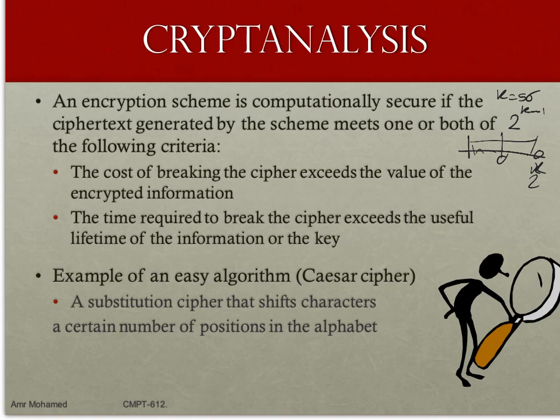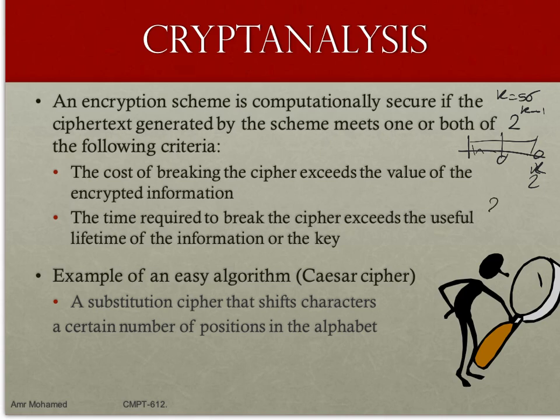So there are certain criteria. The cost of breaking the cipher exceeds the value of the encryption. And what that means is, for example, I want to break a bank account, okay? So the bank account uses this, and in order to perform operations, let's say that the key is like 128 bits.